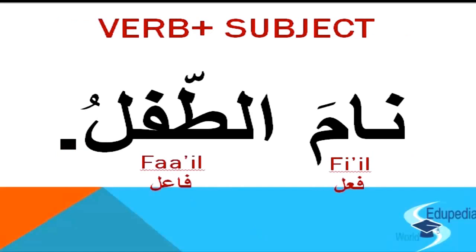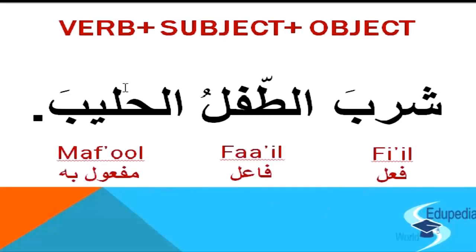So, once again, the verbal sentence الجملة الفعلية starts with a verb. It can be formed of verb and subject only, فعل and فاعل only, or it can be formed of verb, subject and object, فعل, فاعل and مفعول به.